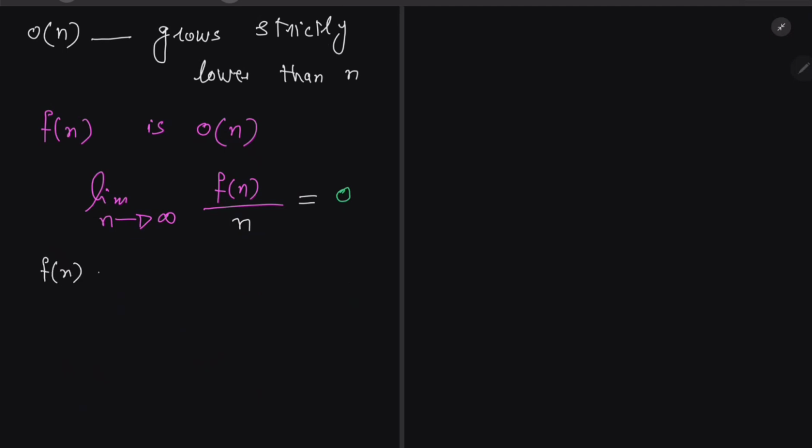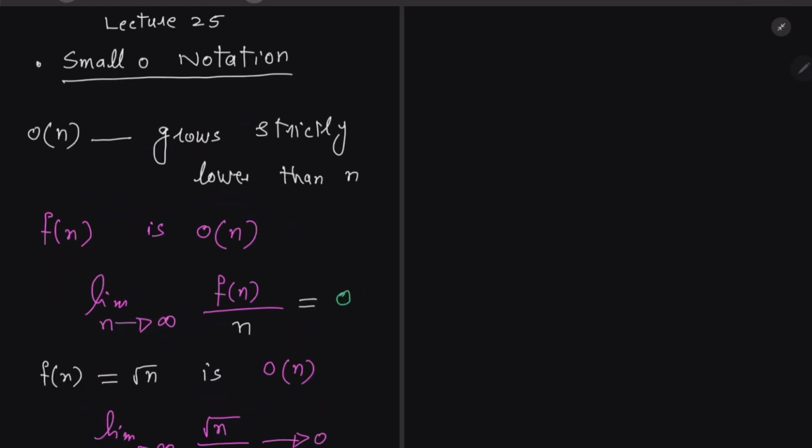Suppose we have f of n equal to the square root of n, and it is small o of n. It means that the limit as n approaches infinity of the square root of n divided by n approaches 0.